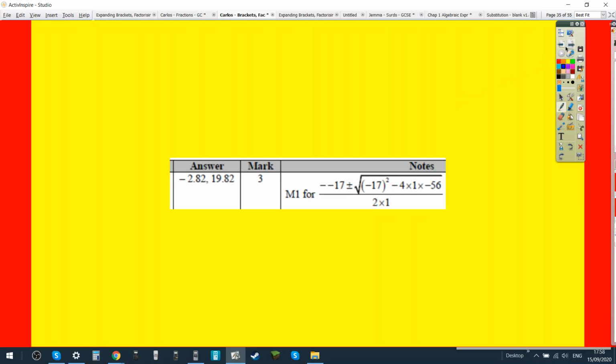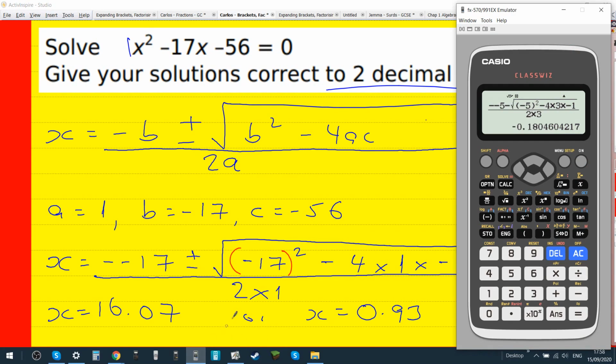You're way off somewhere. So what is in your calculator if you press left? Oh no, I forgot to do 1 times minus 56. Okay.